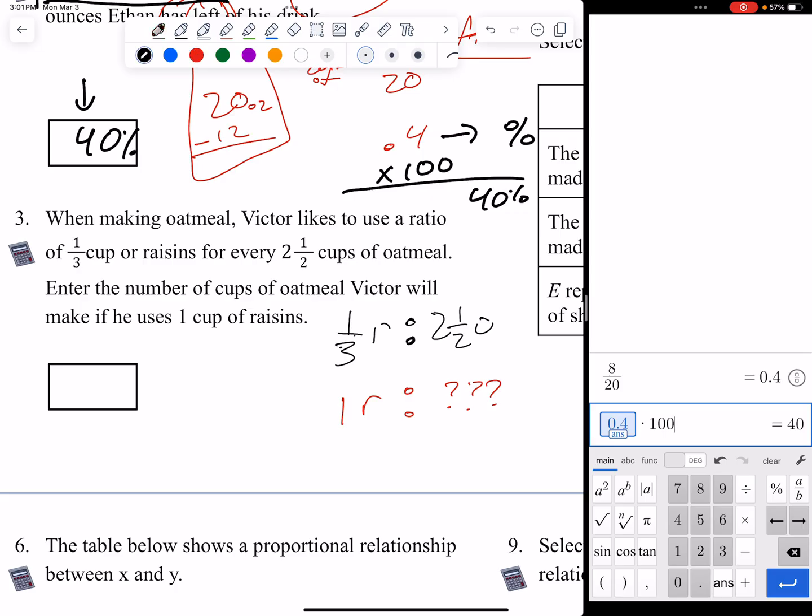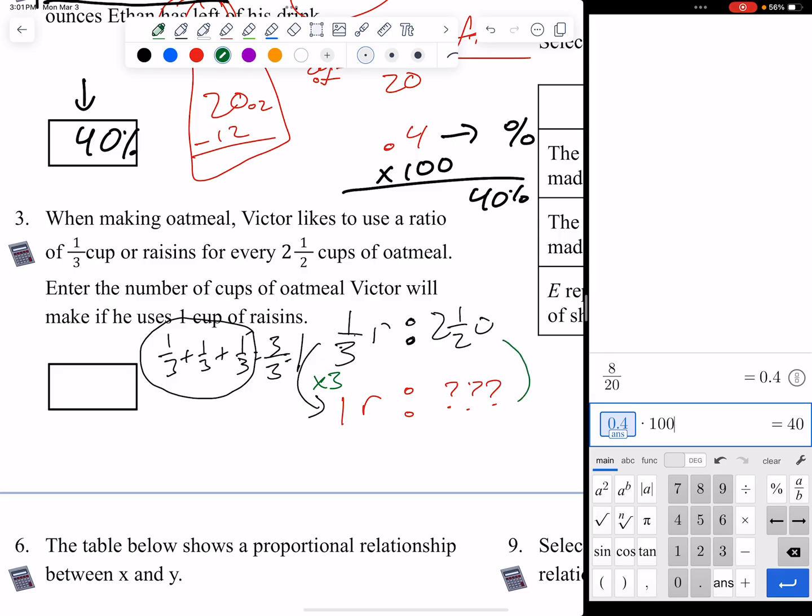So if I have 1/3, how did I get to 1 whole cup? Well, that's 1/3 plus 1/3 plus 1/3. That gives me 3/3, which equals 1. So how many did I need? I needed 3 of those. So to go from 1/3 to 1, I had to multiply times 3. Well, guess what?